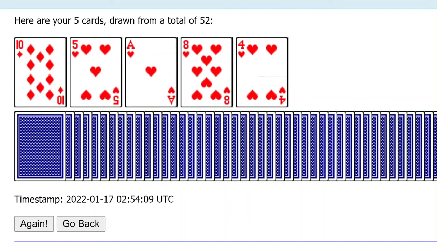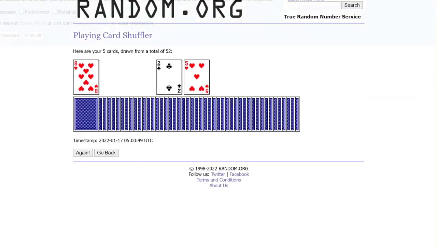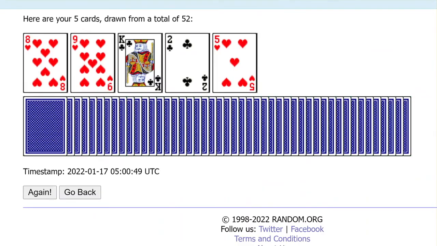Now, just so we can visualize this, let me deal again. And this is my new hand of cards. So I see I have an 8 of hearts, 9 of hearts, king of clubs, 2 of clubs, 5 of clubs. Again, once these 5 cards are in my hand, if I switch their order internally in my hand, changing the order does not change the 5 cards that I still hold.